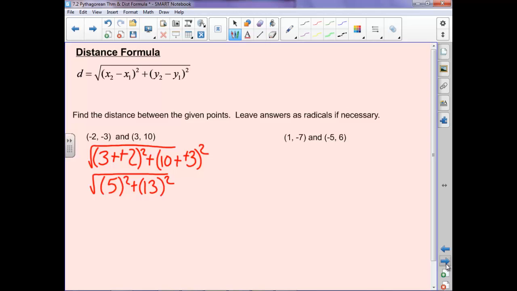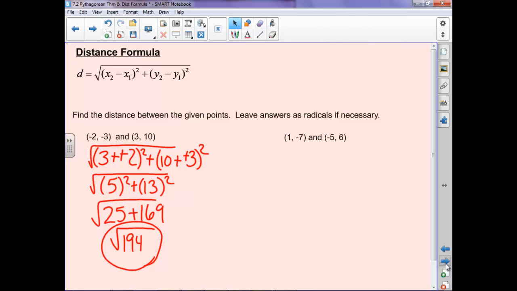So we'll have 5 squared plus 13 squared. 5 squared is 25, 13 squared is 169. So we get the square root of 194. We cannot simplify that anymore, so we're done.